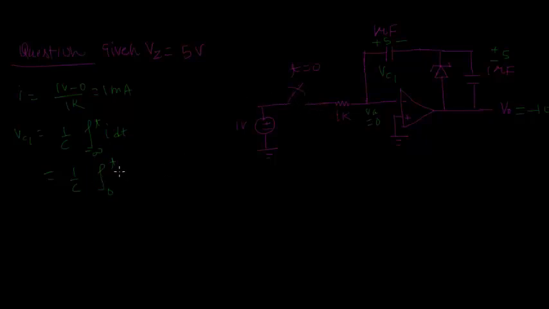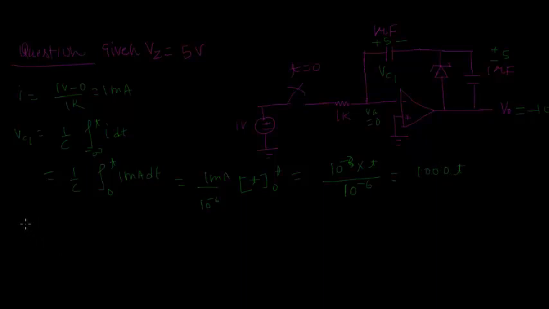So 1 milliampere dt, and that is going to be 1 divided by C, where C is given as 10 to the power minus 6, 1 microfarad. The 1 milliampere, 10 to the power minus 3, comes outside, and integrating from 0 to t gives 10 to the power minus 3 into t, divided by 10 to the power minus 6, so it is 1000t. So Vc1 equals 1000t.